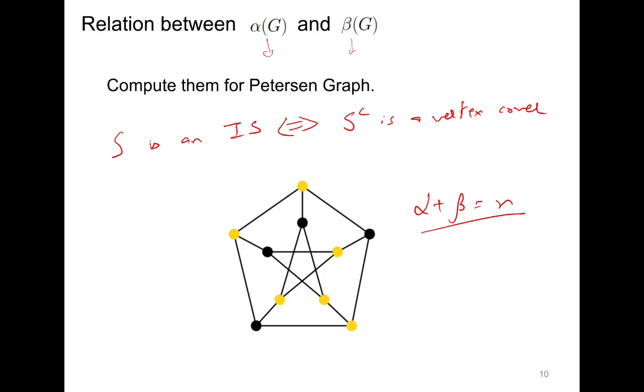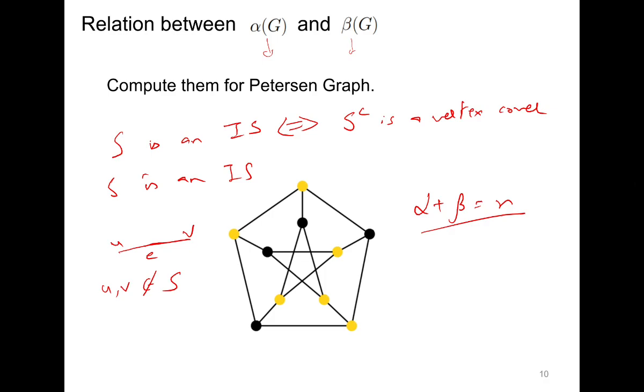Now how do we prove S is an independent set if and only if S complement is a vertex cover? We will start from one side. Let S be an independent set. Then recall any edge, let's say edge E, if its endpoints are U, V. Both U and V cannot belong to S. One of them can belong, but not both.